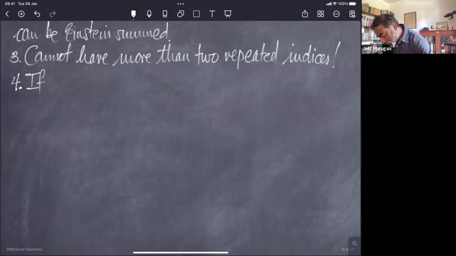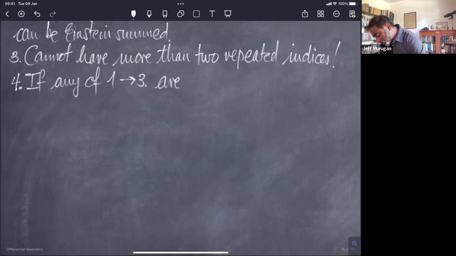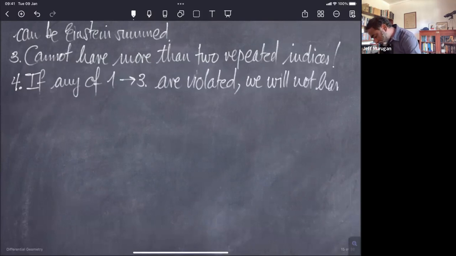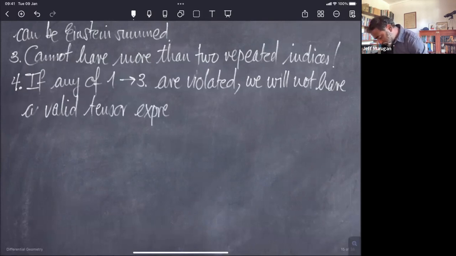If any of 1, 2, 3 are violated, we will not have a valid tensor expression.